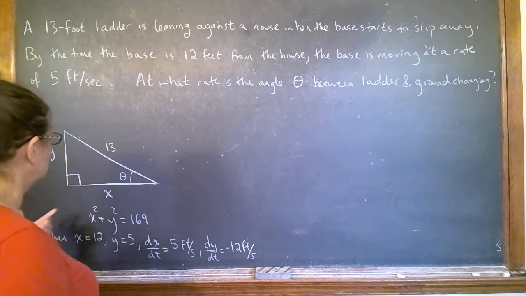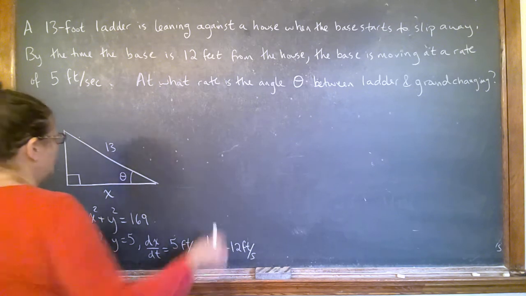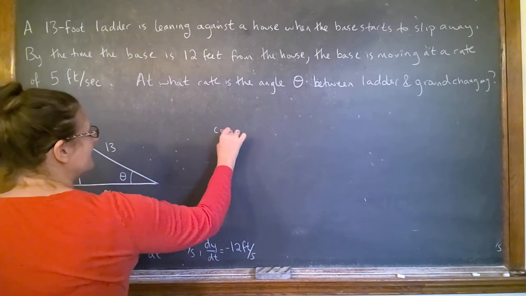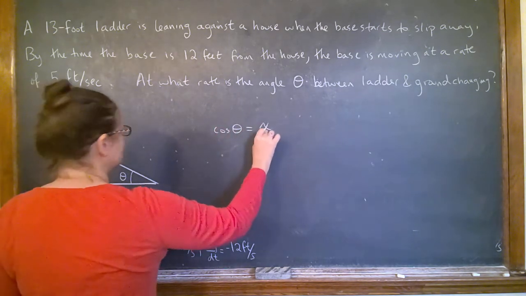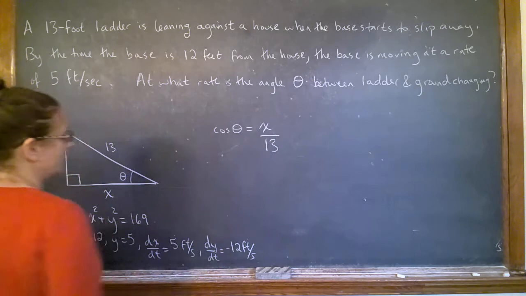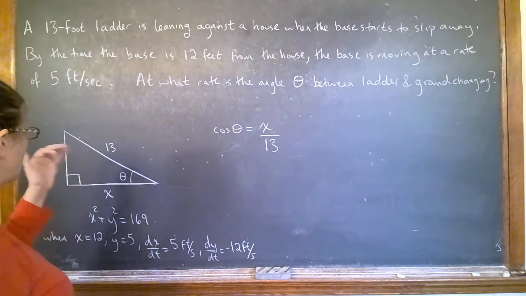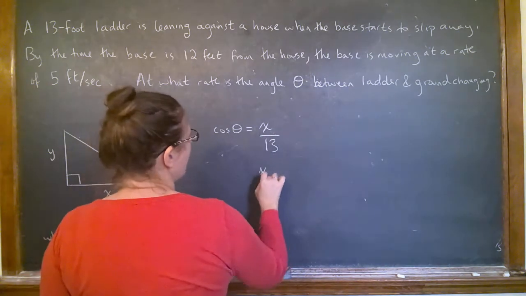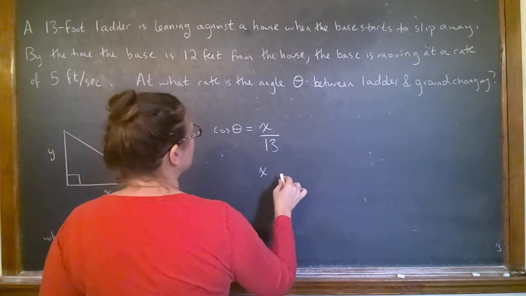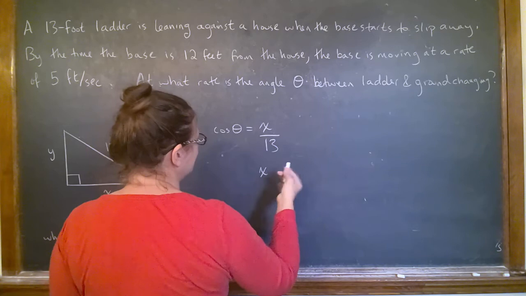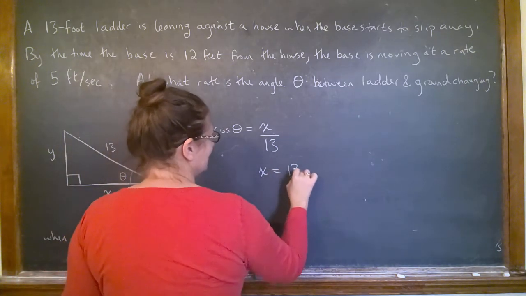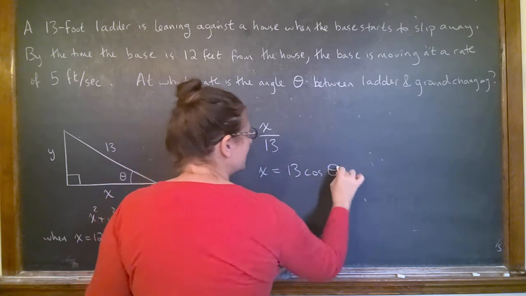So that would be cosine. Cosine theta is x over 13, right? Because it's adjacent over hypotenuse. There's nothing I can do about the angle, because 5, 12, 13 is not a nice angle. So x equals 13 cosine theta.